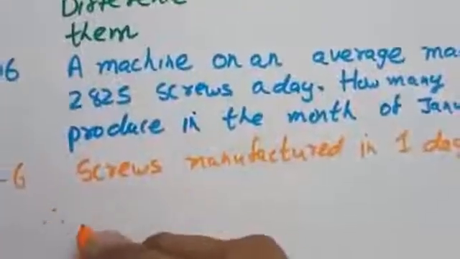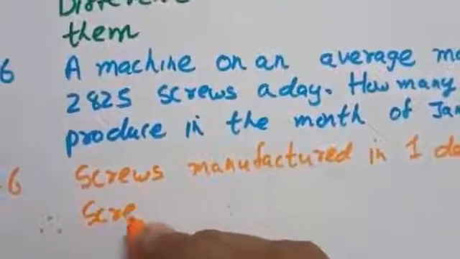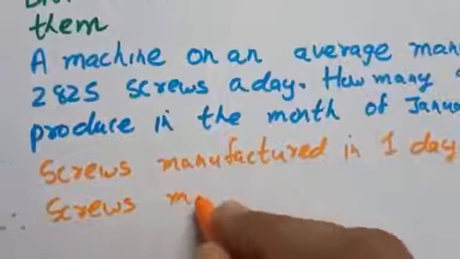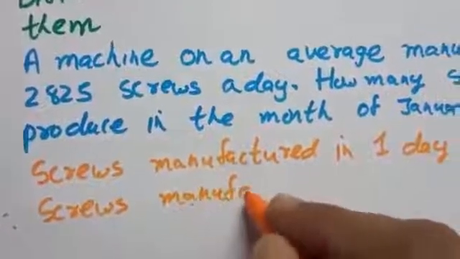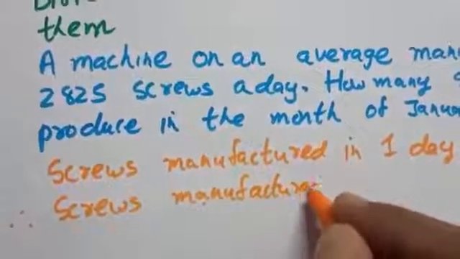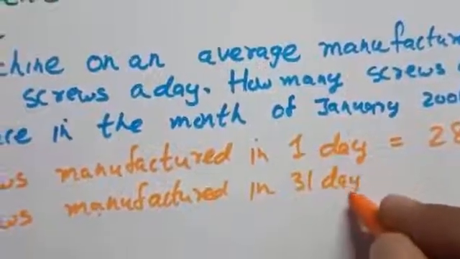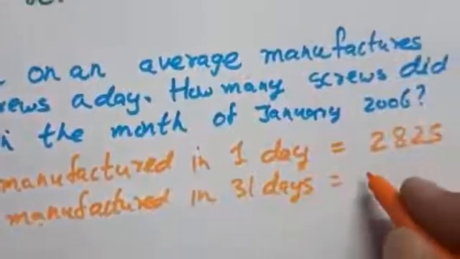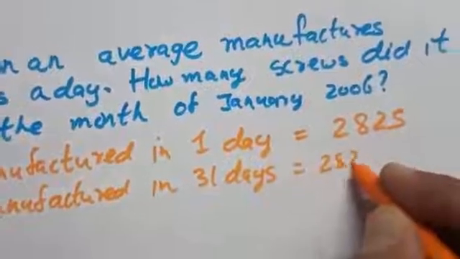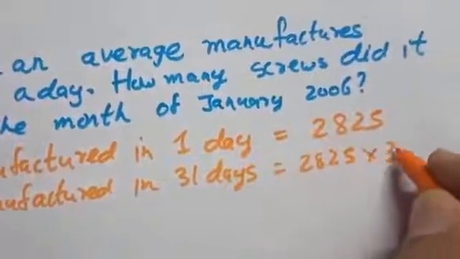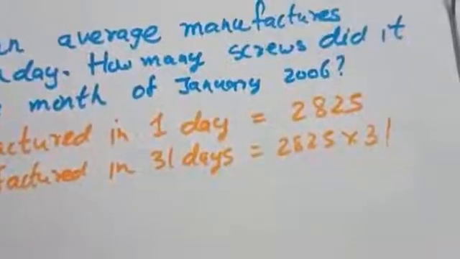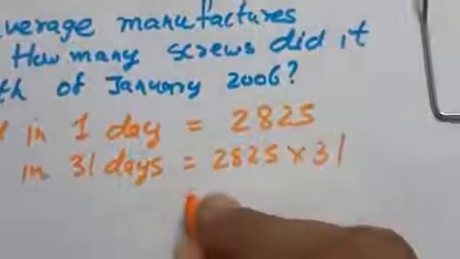Therefore, screws manufactured in 31 days will be 2825 multiplied by 31.